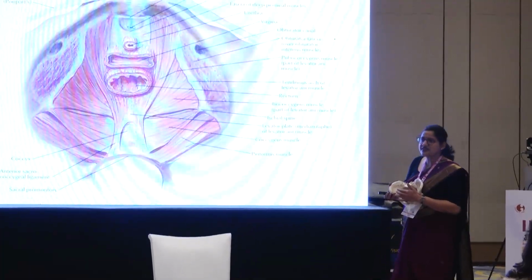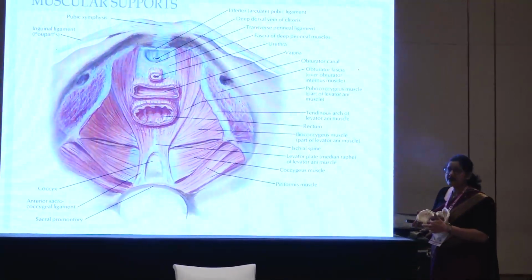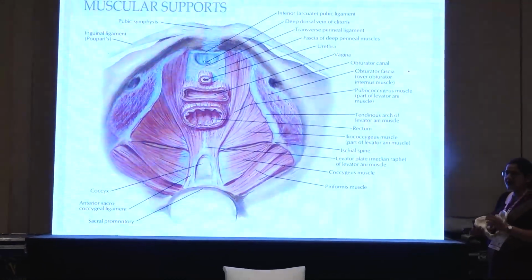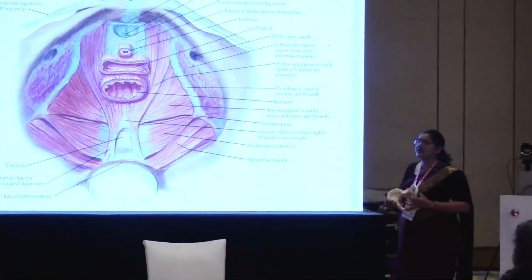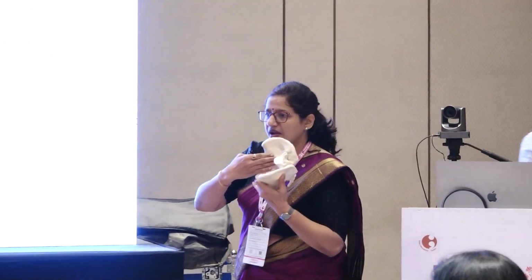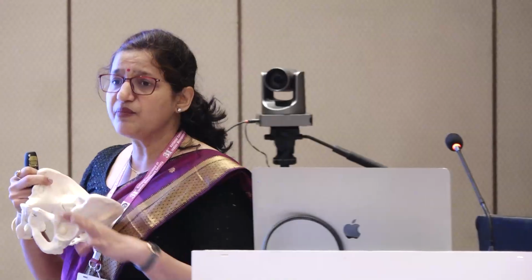It actually arises from the arcus tendineus fascia. This arcus tendineus is the condensed inferior fascia of the obturator internus muscle, which is on the ilium. It is very important for us, and it is responsible for correcting the paravaginal defects.